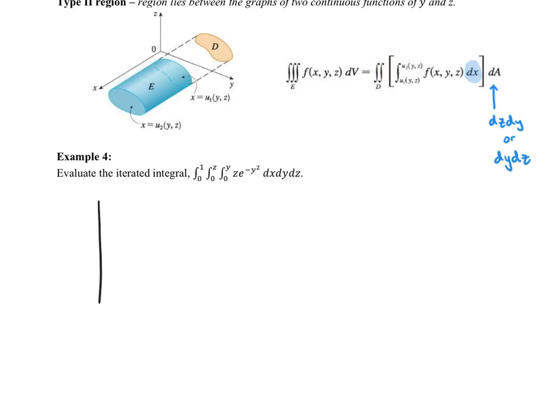Okay, so let's start and draw ourselves a little picture of this one. It is set up for us, so I understand that. I'm just wanting to make sure we understand the process. So this is the projection onto the YZ plane, and it's because we start with X on the interior. Y is going from 0 to Z. So Y equals Z will be this line, or Z equals Y, however you want to say it. And so Y is going to go from the line Y equals 0 to Y equals Z, and that means that we have Z from 0 to 1.